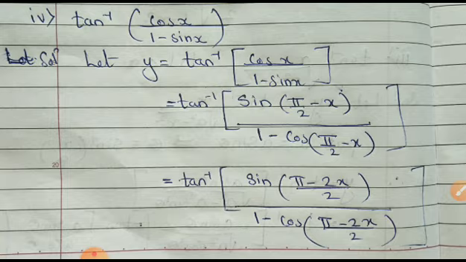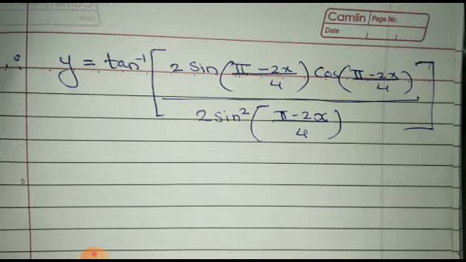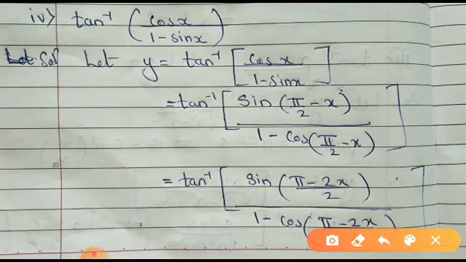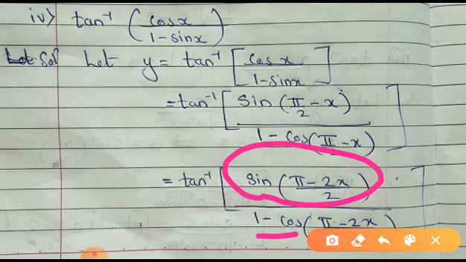Is that clear? Next, after this, can I make use of your sine 2 theta and 1 minus cos 2 theta? Sine 2 theta is 2 sine theta cos theta and 1 minus cos 2 theta is 2 sine square theta. Don't forget, the angle becomes half angle.